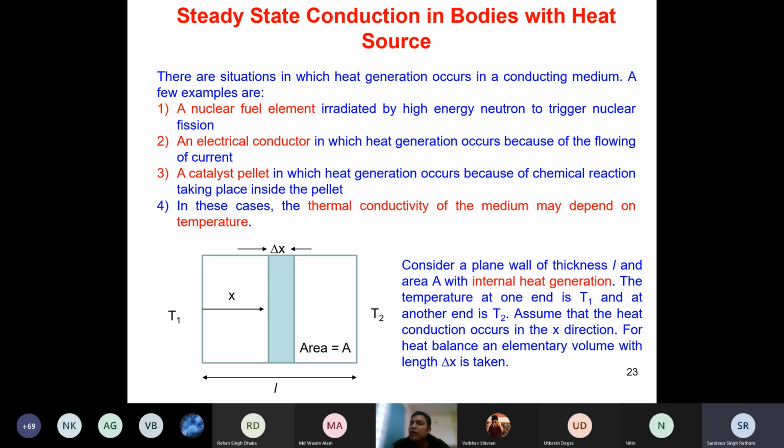When we are looking at heat generation in the medium, even for the flat slab we have to look at the shell balance. Why is shell balance required? Because the heat flux, small q, is not going to be constant throughout the flat slab when there is heat generation taking place.